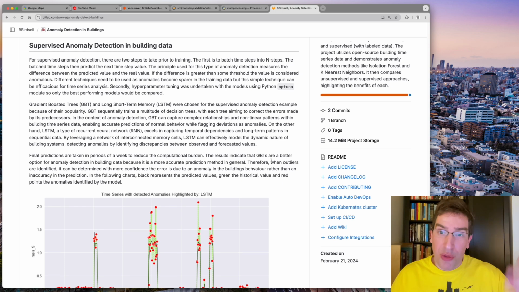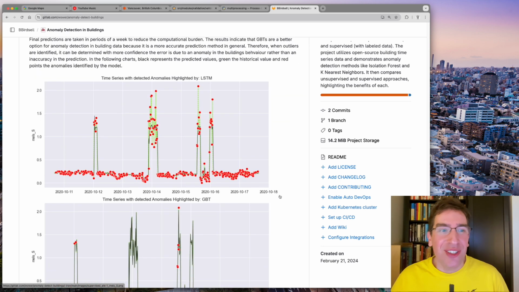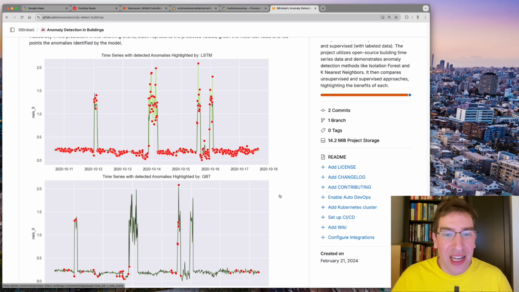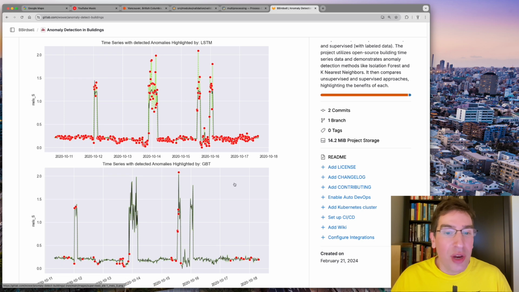Basically, we also used a threshold approach on the mean absolute error to identify outliers. These are very interesting results. Here we see with the electrical data, just a week of electrical data, that the gradient boosted tree identified far fewer anomalies, whereas the RNN detected pretty much all of them as anomalies.